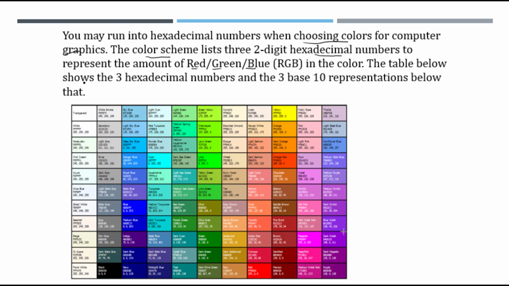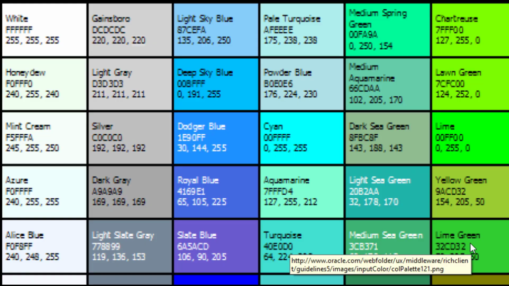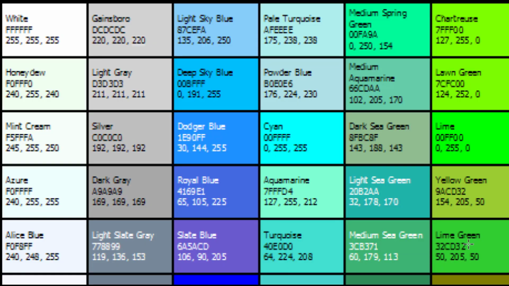The table shows 3 hexadecimal numbers and 3 base 10 representations of that. So I'm going to blow this up so you can see how it is made. You're looking at one section of that diagram, blown up so we can take a better look.